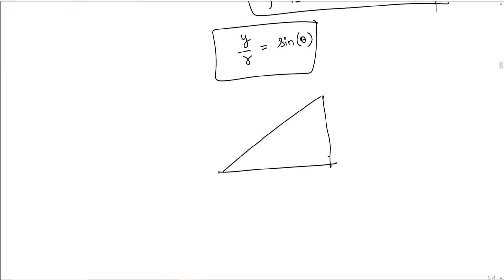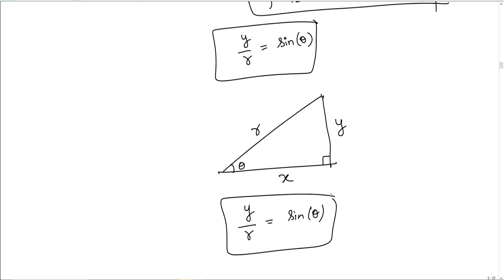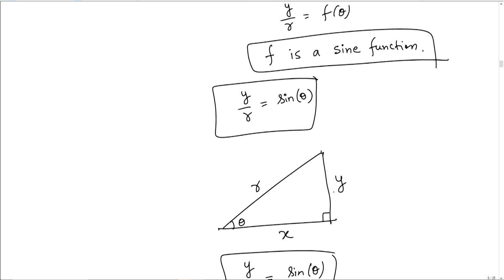So, we are trying to solve the right angle problem where this is the angle theta, this is the hypotenuse r, this is the perpendicular y, this is the base x, and what sine theta is giving you is basically y by r, perpendicular by hypotenuse. So, perpendicular by hypotenuse is equal to sine theta, and you know how this function behaves.